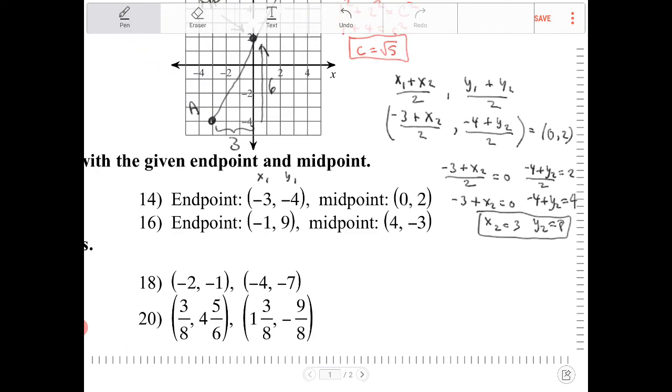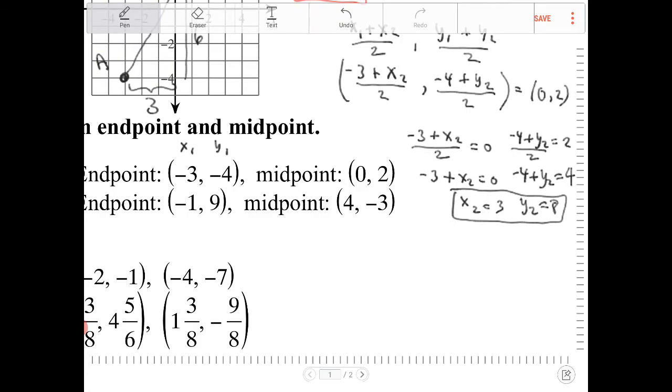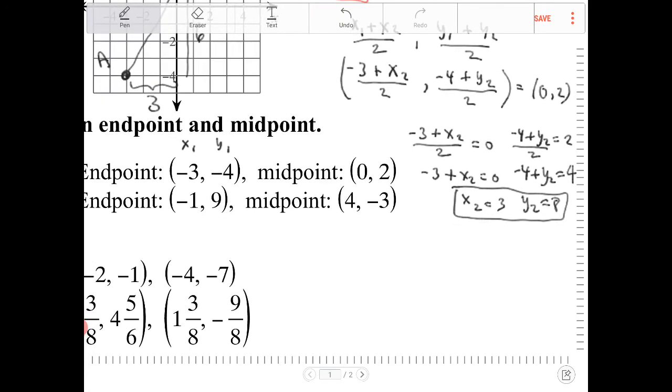And actually, I'm going to take this approach with question number 16 here. So for question 16, I'm going to take -1 plus x divided by 2, and 9 plus y divided by 2, and I recognize that this should equal 4, -3.